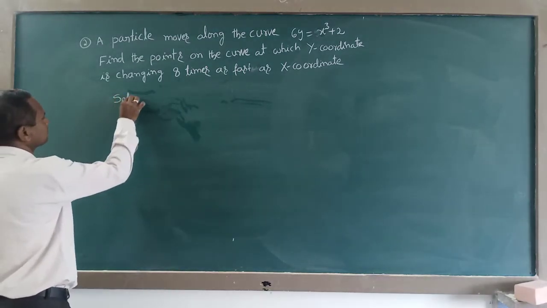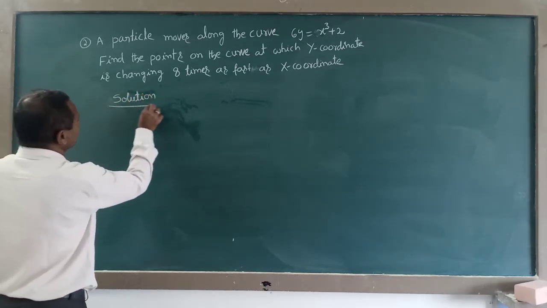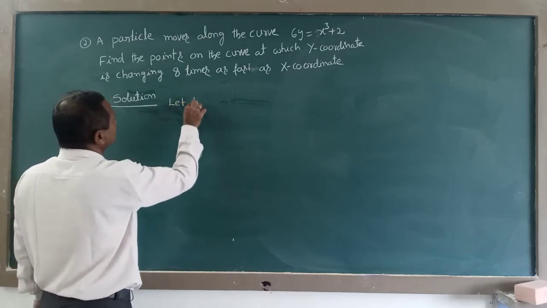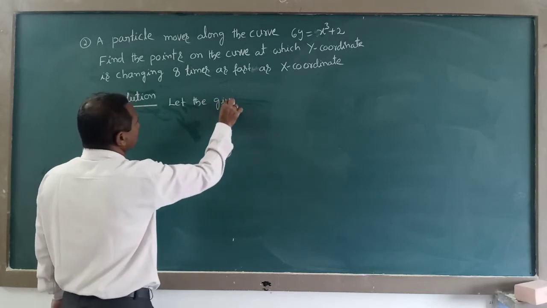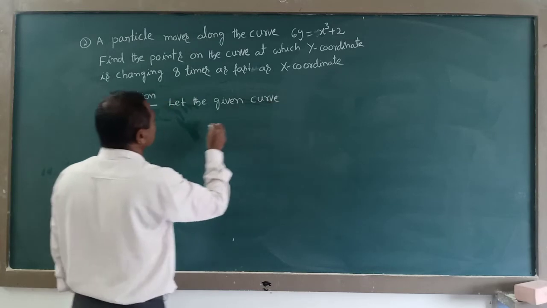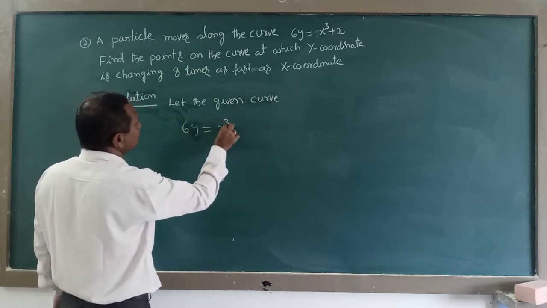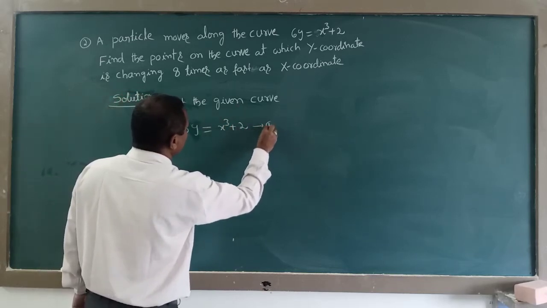Solution is: let the given curve 6y is equal to x cube plus 2, equation number 1.